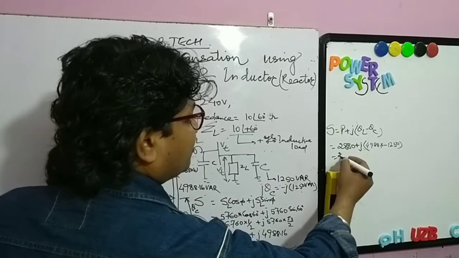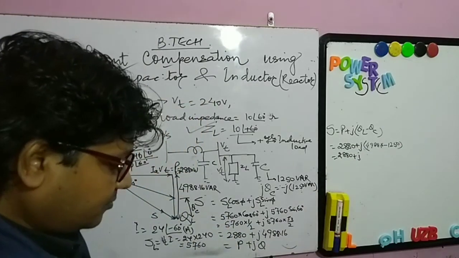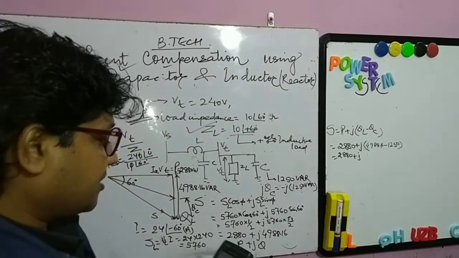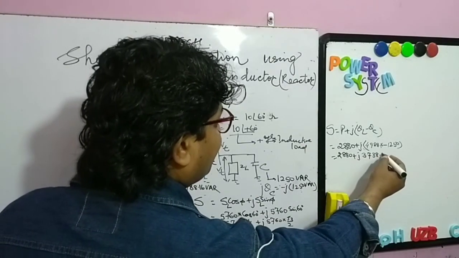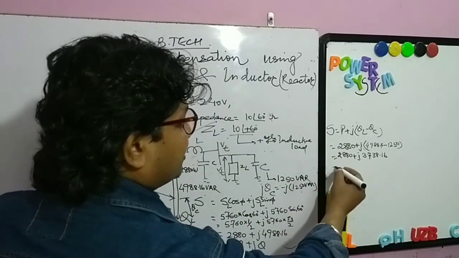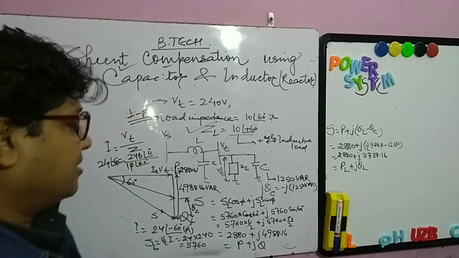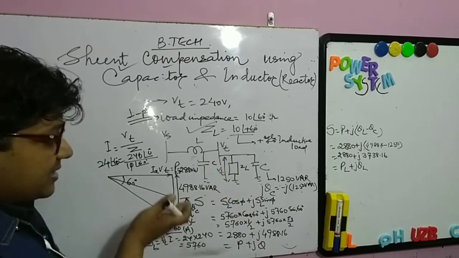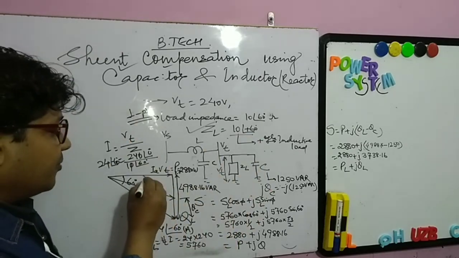So this will be equal to 2880 plus j 3738.16, right? So this is now P and this is now Q. Because the capacitor has supplied this reactive power, certainly your power factor will be improved.